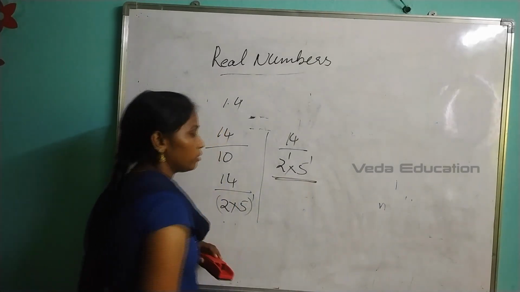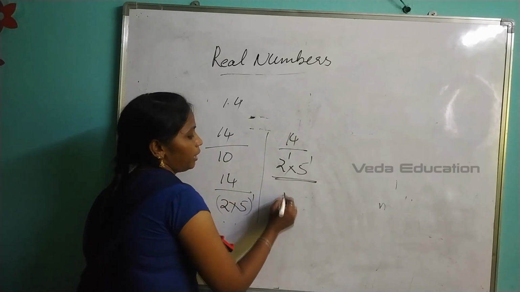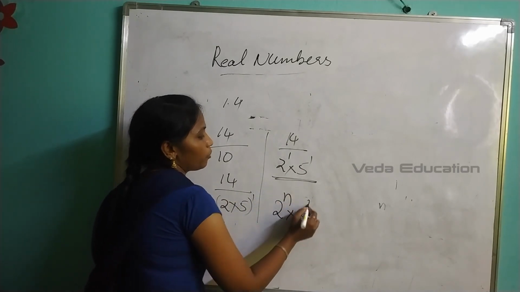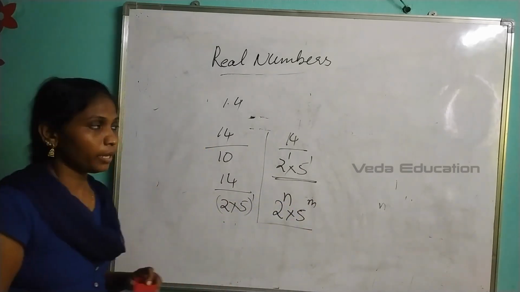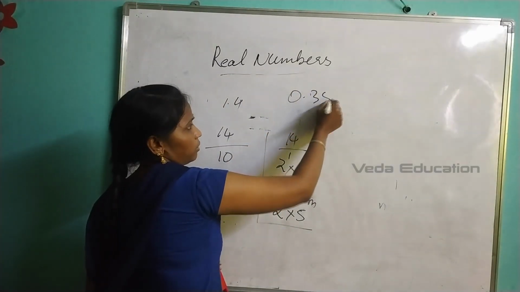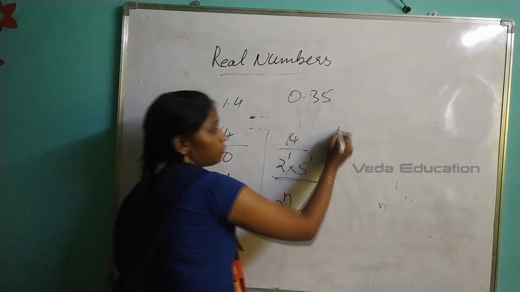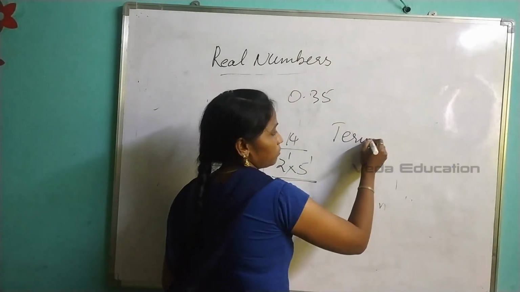Now again after doing the prime factorization, what did we get? 2 power n and 5 power m, both in product form. And which numbers did I take? In the previous case I took 0.35 and here 1.4. These numbers are terminating decimals.